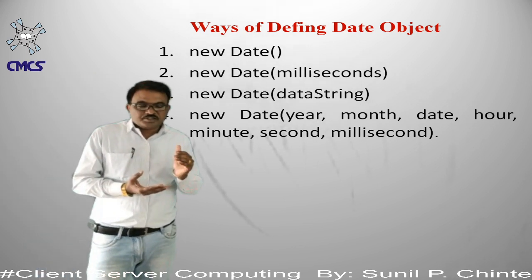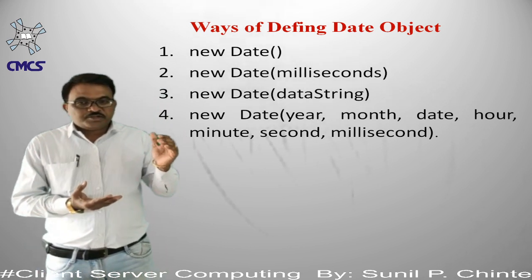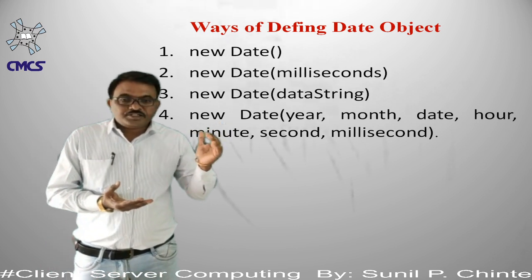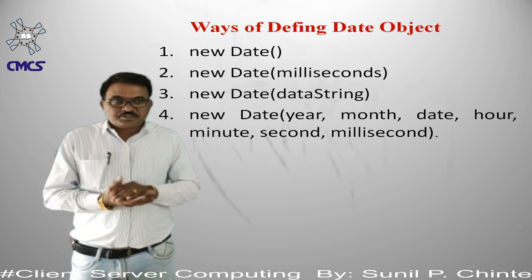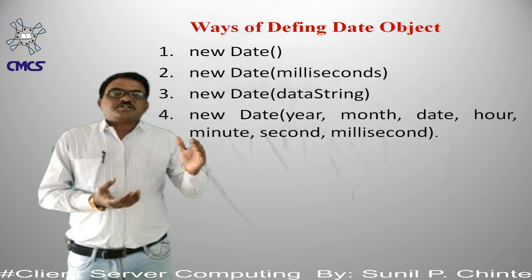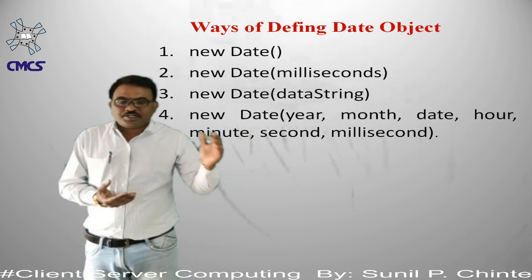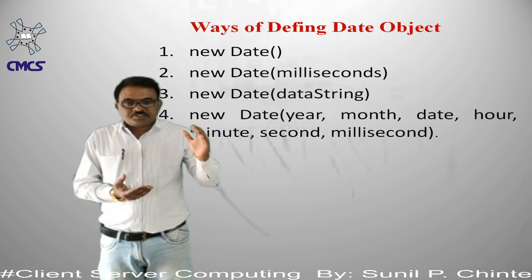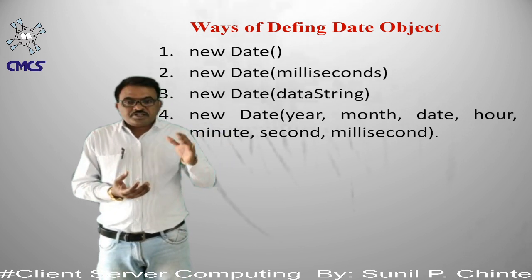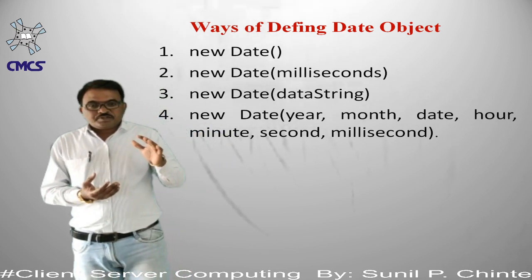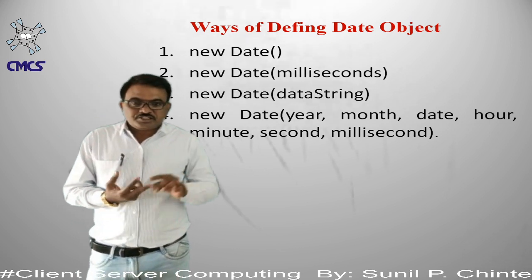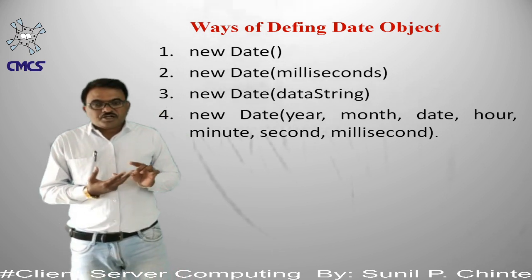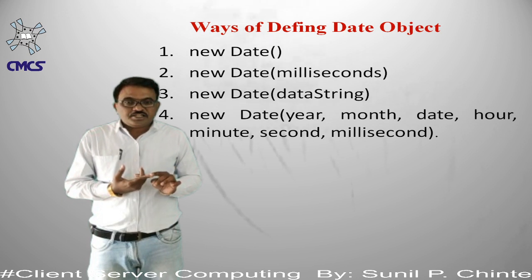The first one is new Date, the constructor with zero arguments. Second, a constructor with one argument, that is the millisecond. Third, a constructor with a date string. And the fourth one with different arguments such as year, month, date, hour, minutes, seconds, and millisecond.